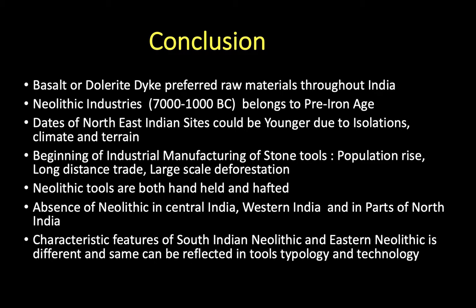The reason is that during the same time period we see the Harappan culture there, so an urban culture had already developed in this area. The same thing is seen in the Narmada Valley, where you also don't see Neolithic sites, and in part of Maharashtra. In that case, people from the Mesolithic turned into the Chalcolithic, and the Neolithic was missing.